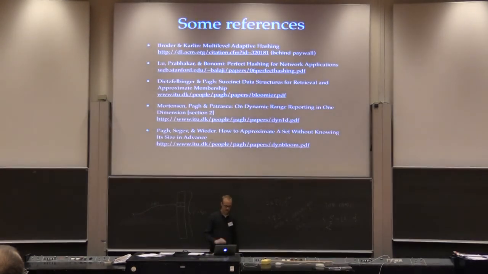Alright, if you want to read more about these things, the first paper here, for example, shows this log n number of levels that I claim. There's a lot here that I didn't talk about, but in case you're interested in knowing more.